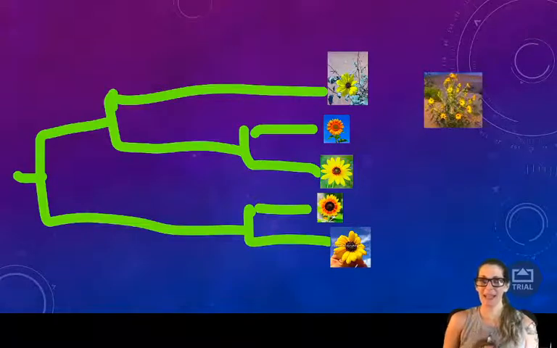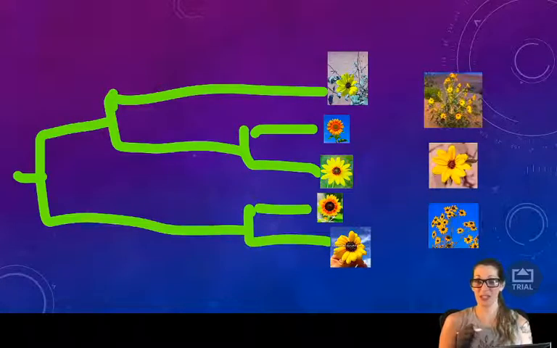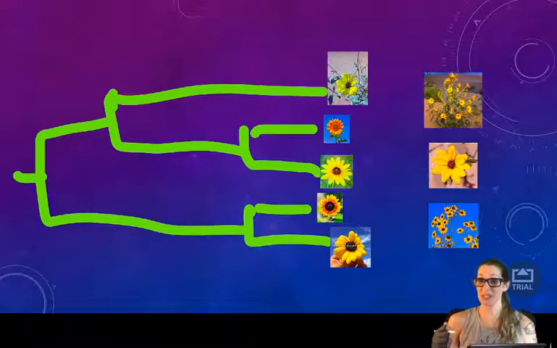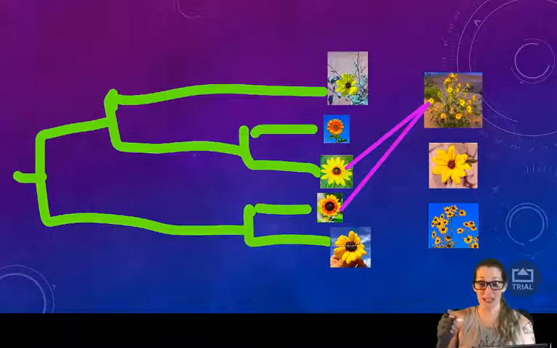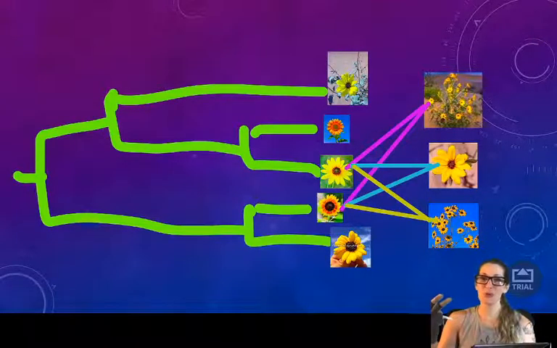If we add in these specific 3 additional species of sunflower, the picture gets a lot messier, because what we find out is that each of these 3 different species originate from hybridizations of the same 2 species of sunflower.